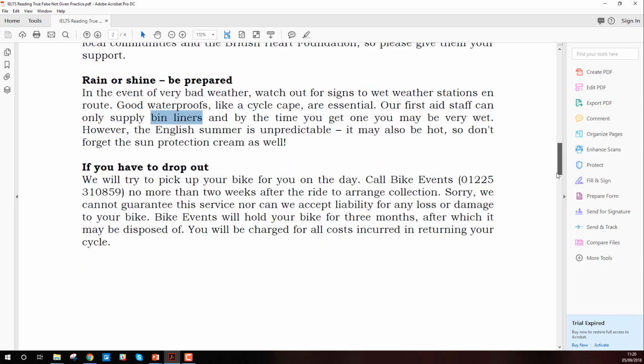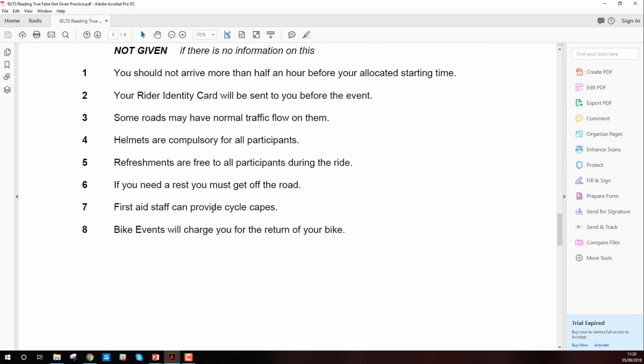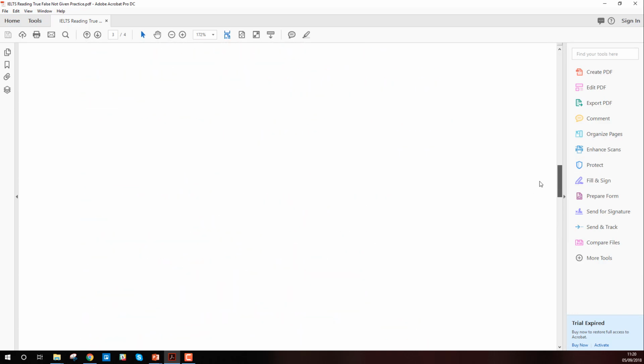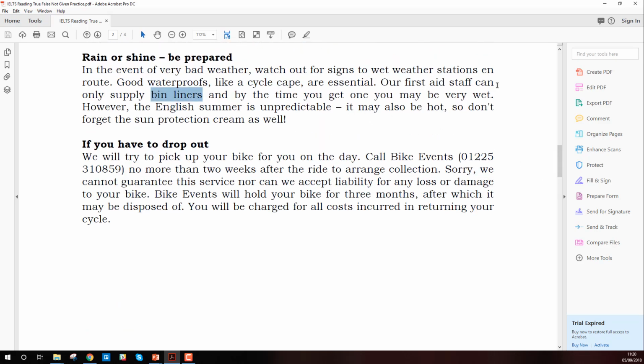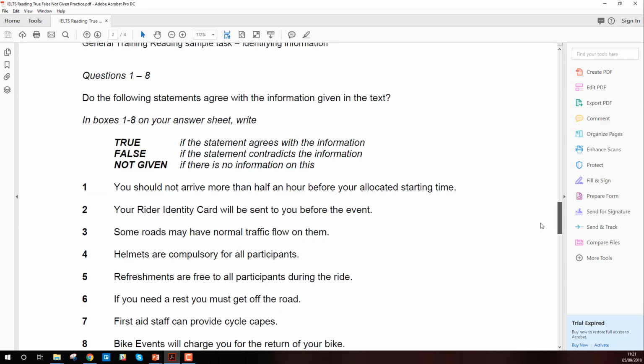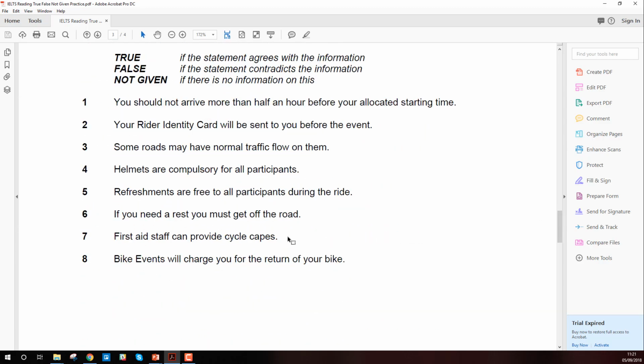No. If you didn't know what cycle capes meant, and you have no idea what bin liners meant, you could make a good guess that they're not the same thing. It would be pretty unfair if cycle cape and bin liners were synonyms, and they're not. So, first aid staff can provide cycle capes. Can they? It says no, they can't. They can only provide bin liners.